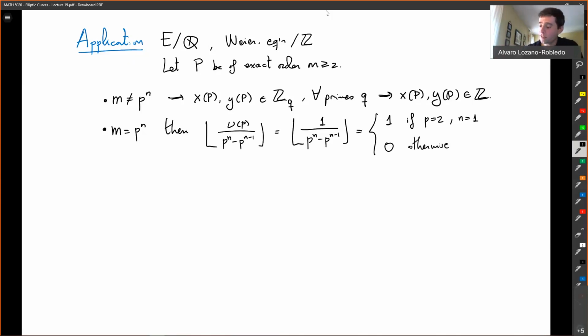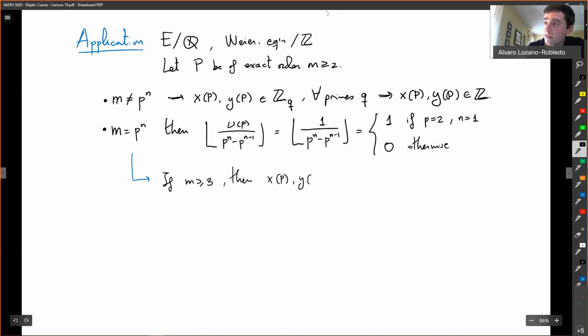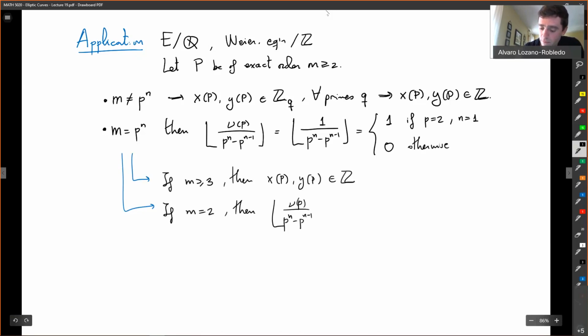Okay, so this implies two things: that if m is bigger or equal to 3, then the coordinates are integral, and if m is 2, if it's a point of order 2 exactly, then this thing is 1, and therefore what that says is that 2 is the uniformizer here.